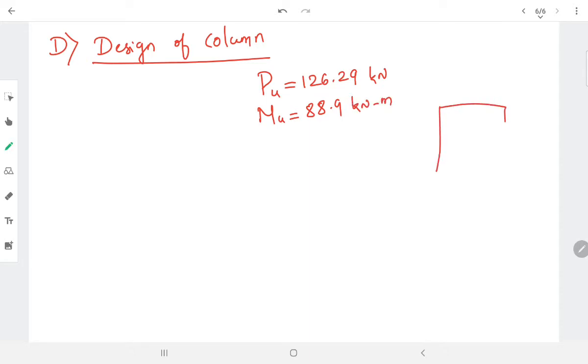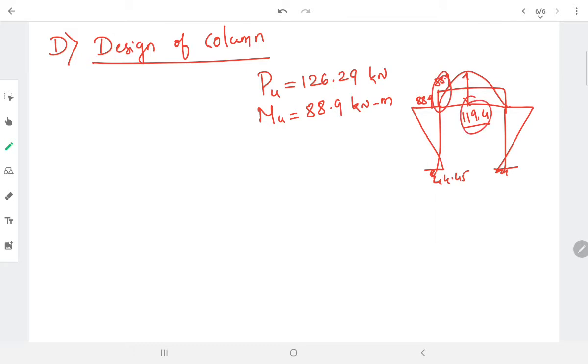So bending moment diagram was like this. This value was 88.9, this is 44.45, and this was 119.4. So mid-span beam design we have taken 119, support beam we have taken bending moment 88.9 at support, at mid-span we have taken 119. So for column design, this is column, this is column, so here also 88.9. So we need to take 88.9 as the bending moment in the column.